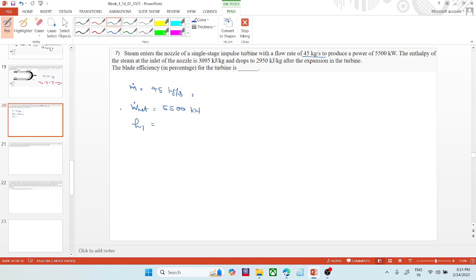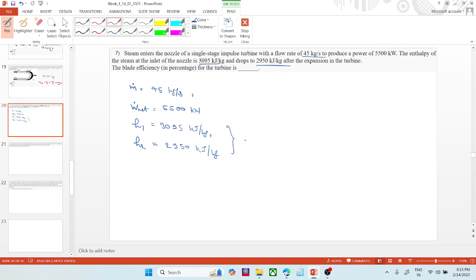So here H1 is 3095 kilojoule per kg, and at the exit, state 2, H2 would be 2950 kilojoule per kg.